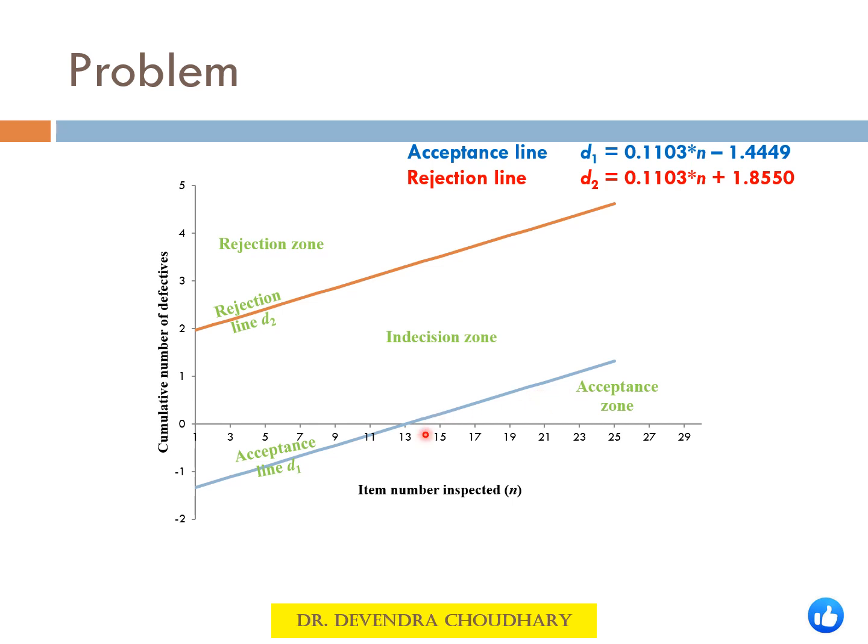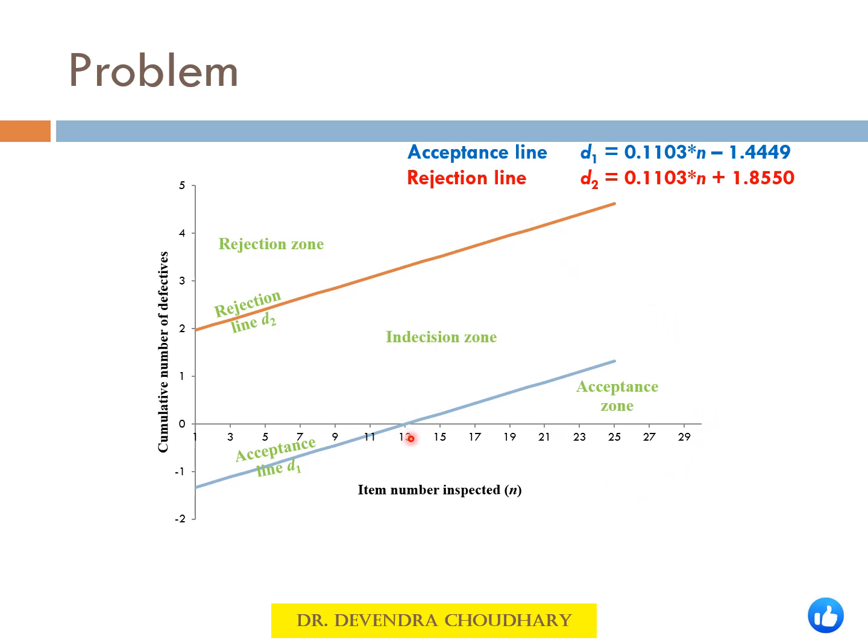Below this, you see that up to 13 items inspected, you cannot take a decision of accepting the lot, because here you will get a negative value of D1. So at least you have to take 14 samples to make a decision for this plan.